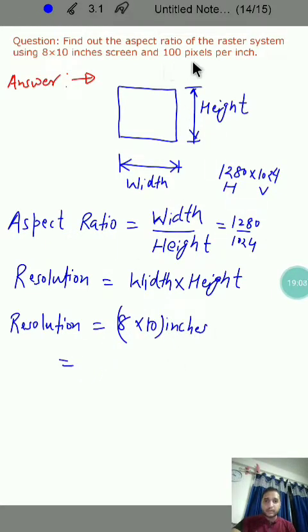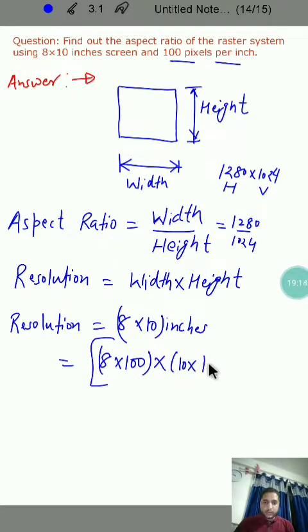It is given to us that there are 100 pixels per inch. So 8 into 100 pixels in the horizontal direction, and 10 into 100 pixels in the vertical direction. So the resolution will become 800 into 1000.